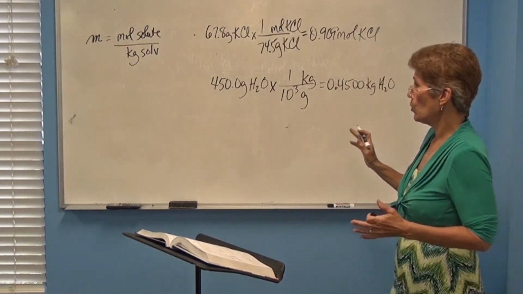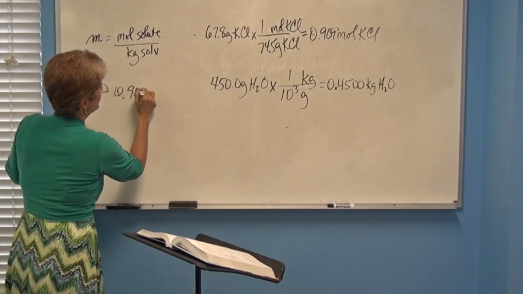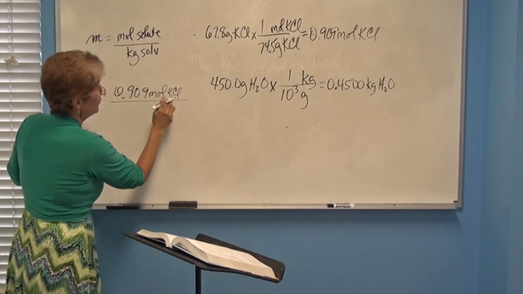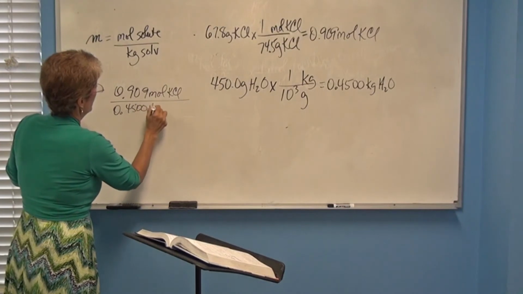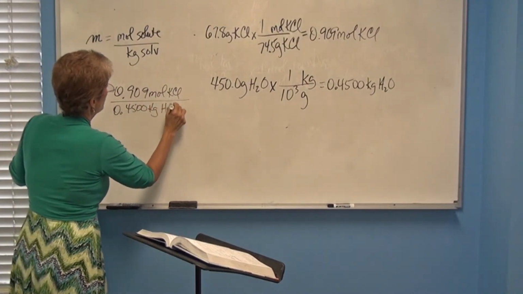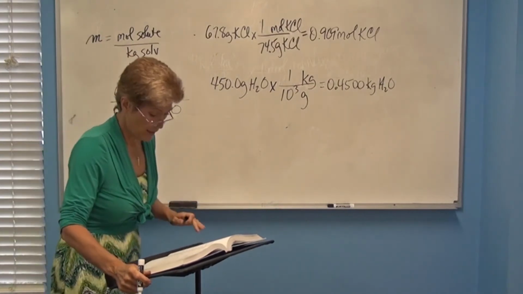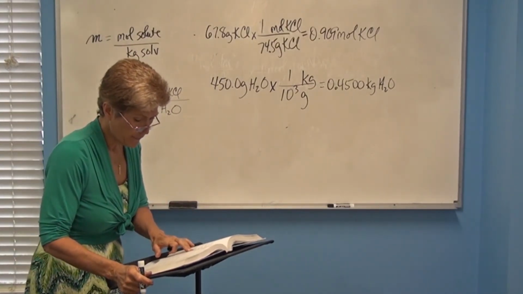Now to find the molality, you're just going to take the moles of solute per kilograms of solvent, which in this case is water, and there are 3 significant figures in both places.